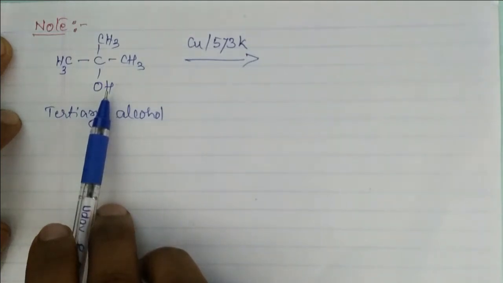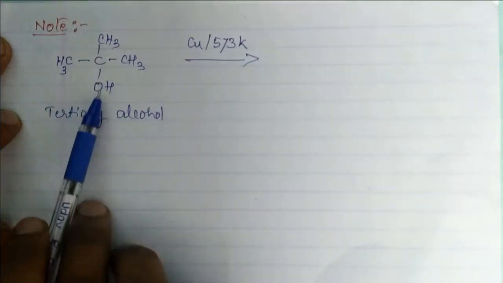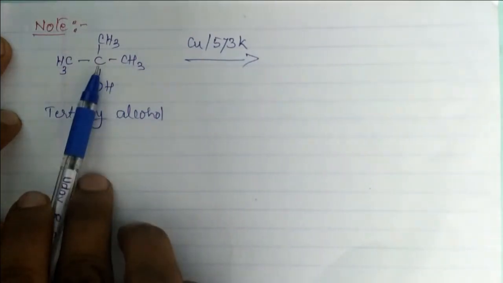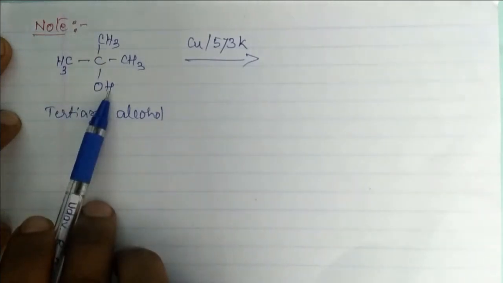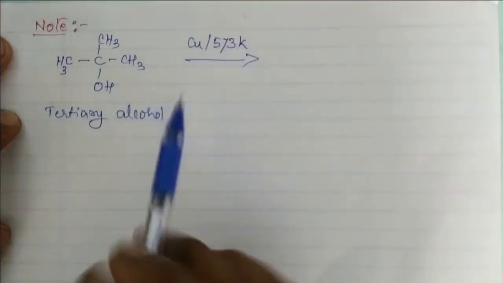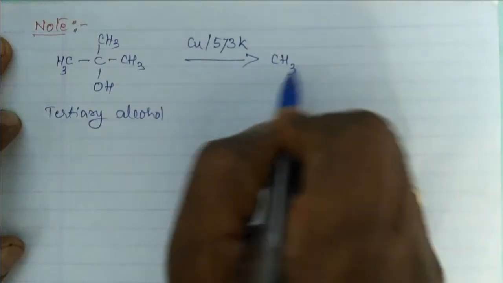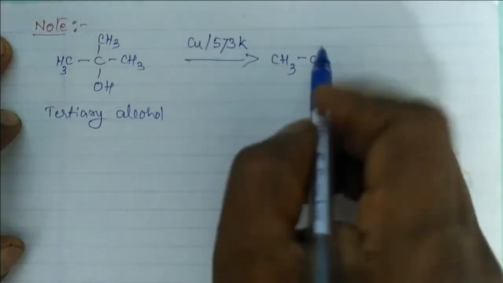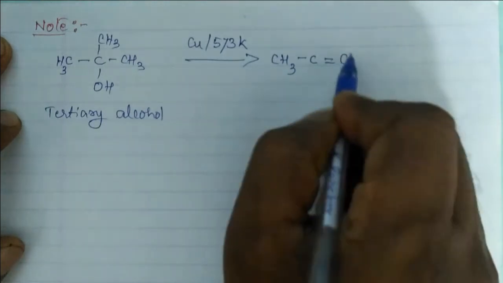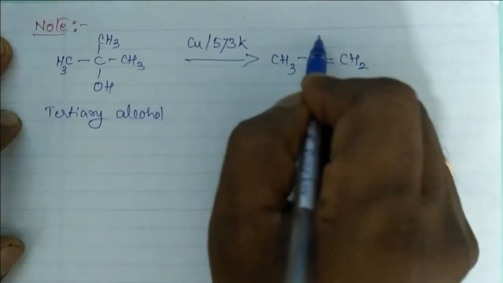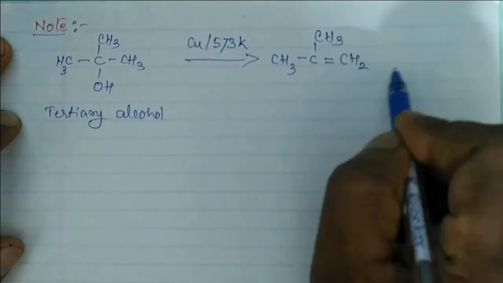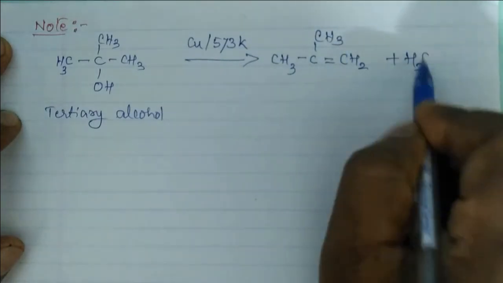Instead, it undergoes dehydration. Here a molecule of water is eliminated, because the carbon which contains the OH group does not have a hydrogen atom. Hence, hydrogen gas is not liberated. Here we end with an alkene, (CH3)2C=CH2, plus a molecule of water.